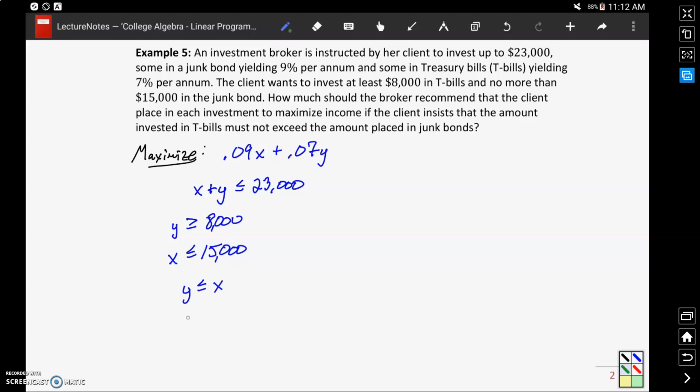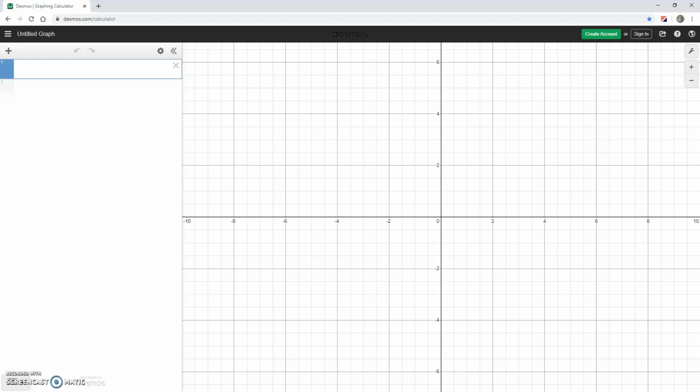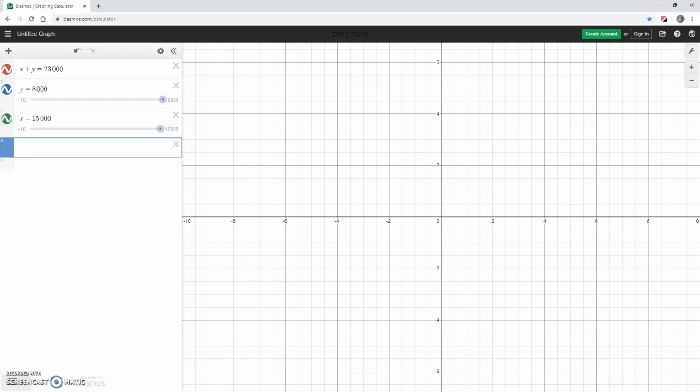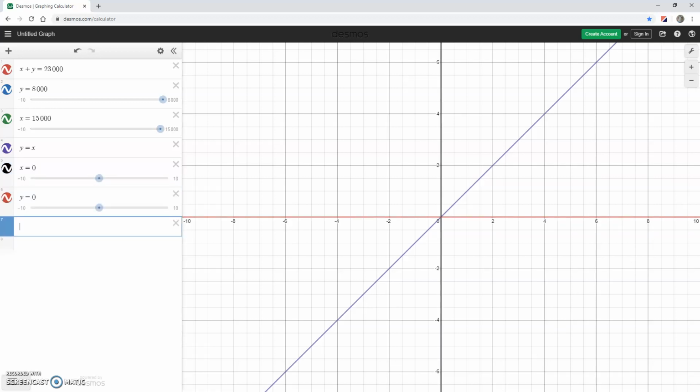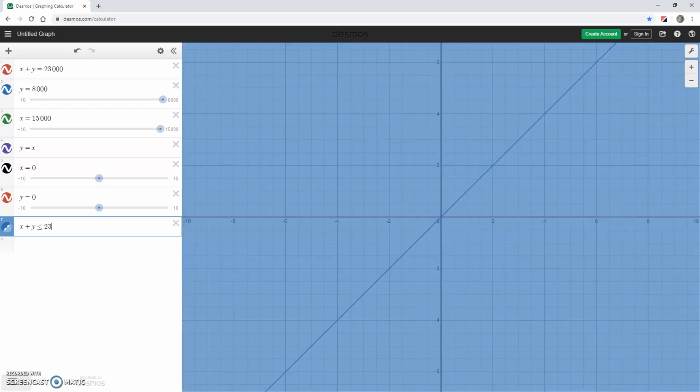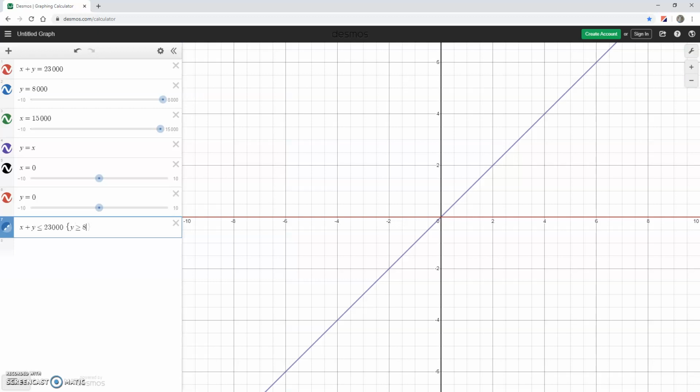We again have a couple of implicit statements, which would be that x has to be greater than or equal to 0, and y has to be greater than or equal to 0, because we can't invest negative money. So we'll turn to Desmos to enter each of these as an equation, and then entering any of our inequalities first, with the remaining inequalities as restrictions.